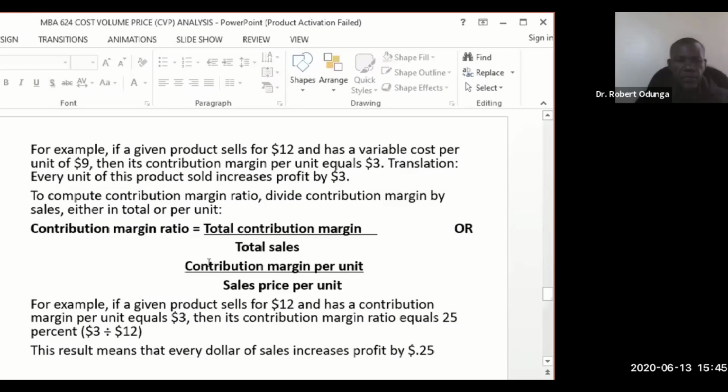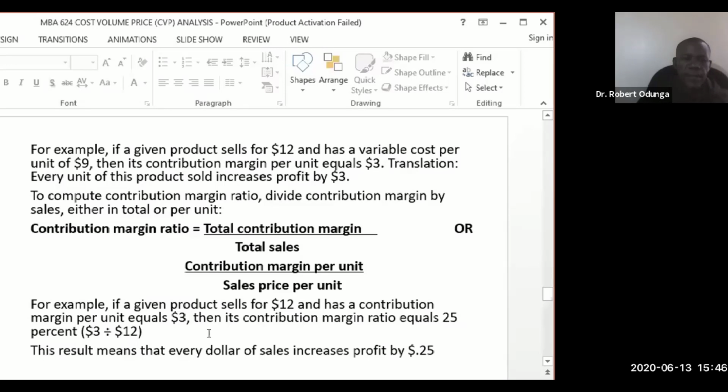Okay, so for a given example, if a given product sells for $12 and has a contribution margin per unit equal to $3, then its contribution margin ratio is equal to 25%. That means the contribution margin per unit, which is 3, over sales, which is 12, you get your 0.25.